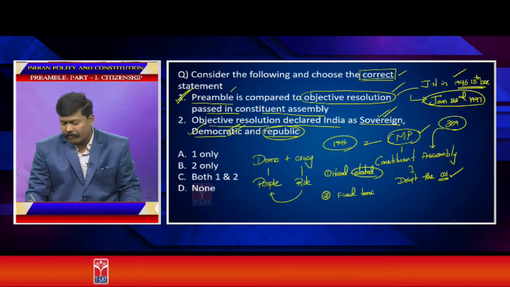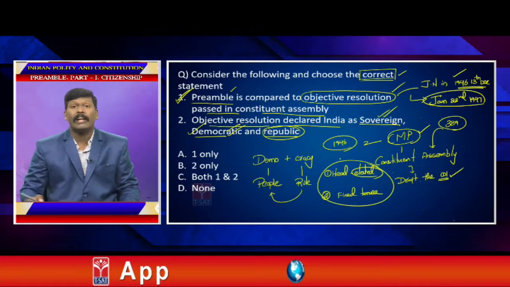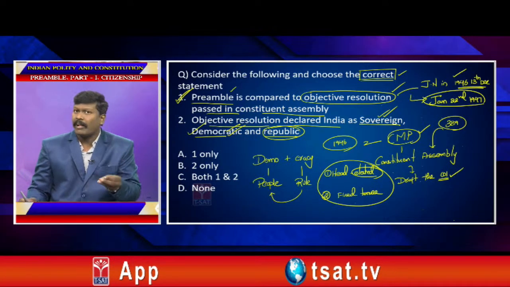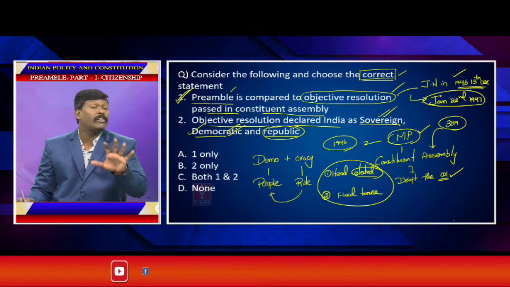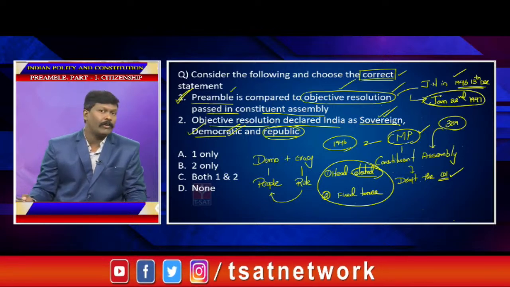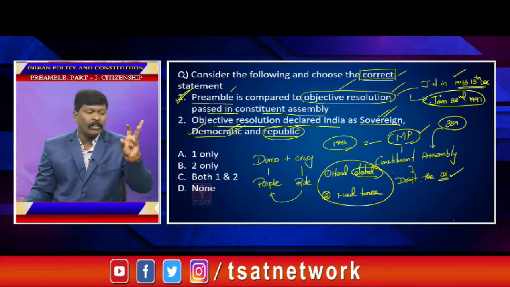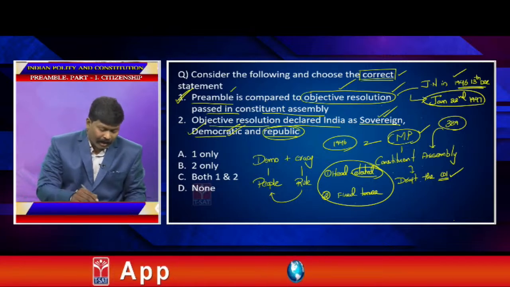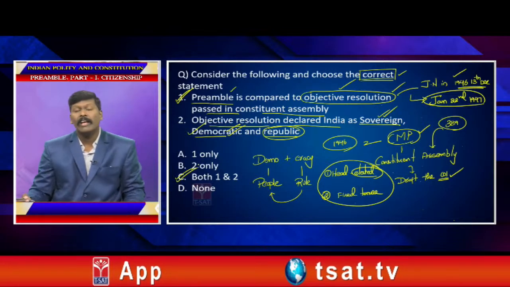The head of the country is the President of India, and the President of India has a fixed tenure of 5 years. That is the meaning. So, the objective resolution declared India as sovereign, democratic and also republic. The answer is C.